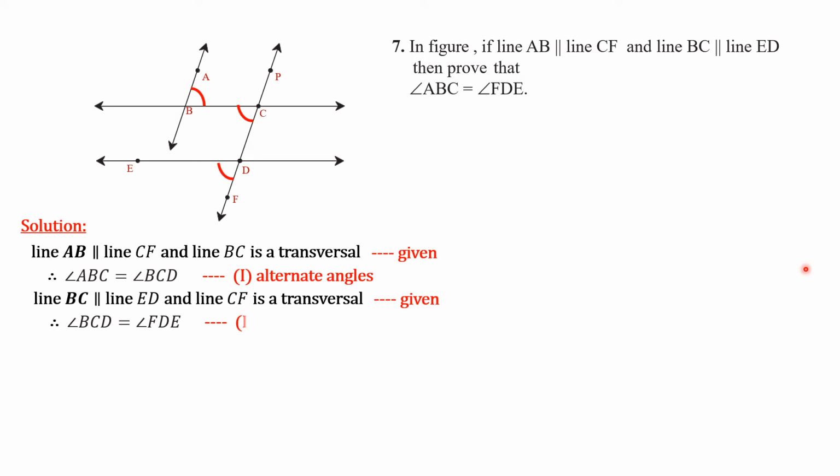This is statement number 2, corresponding angles. Now observe statement number 1 and 2. Here BCD is equal to angle ABC and here BCD is equal to angle FDE. Therefore ABC is equal to FDE. Therefore angle ABC is equal to angle FDE. Write down the reason from 1 and 2.